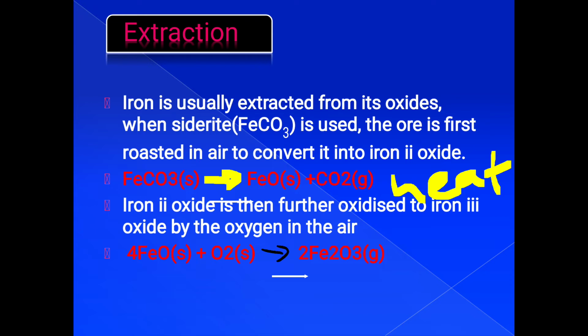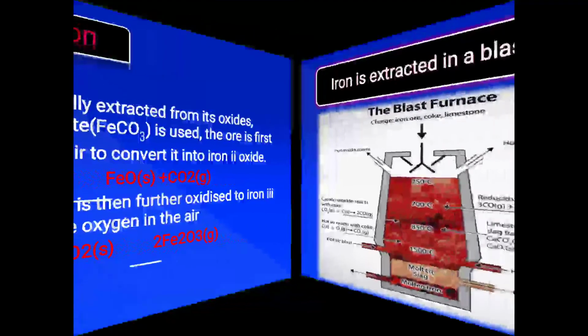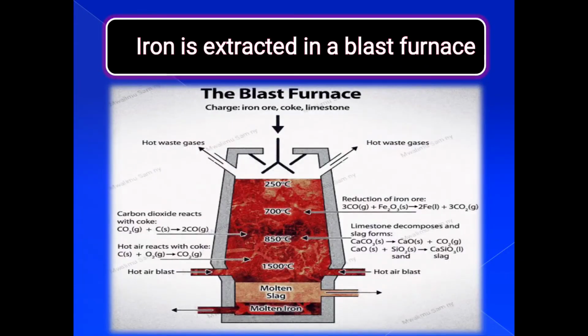And from this, what we need to look at now is how iron is extracted and by which method. In this case, we say that iron is extracted in a blast furnace. The blast furnace is simply a furnace that is lined with bricks.